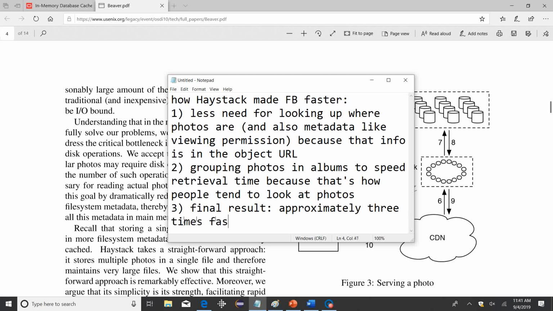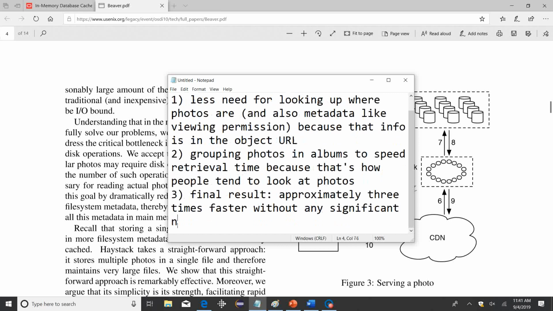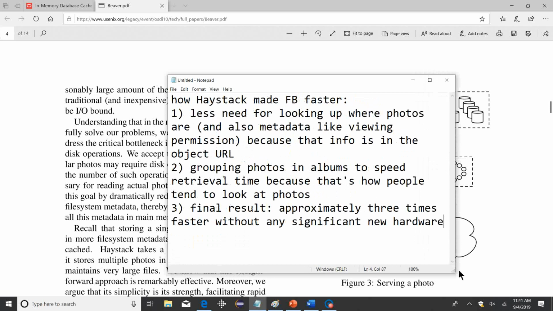So, final result: approximately 3 times faster without any significant new hardware. That's the real magic of it. It would be easy to say, we'll buy new machines that are 3 times faster, or we'll upgrade our cable and have 3 times as many hard drives. We could make it work faster that way, but that's a lot of money.